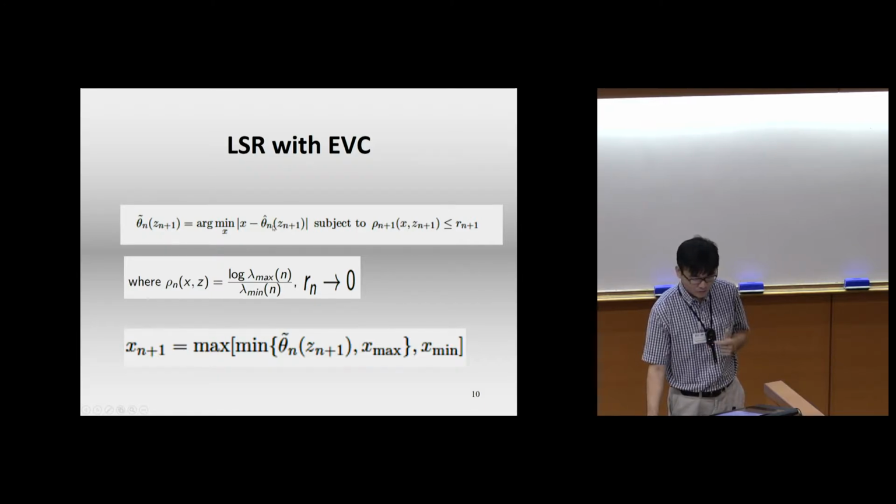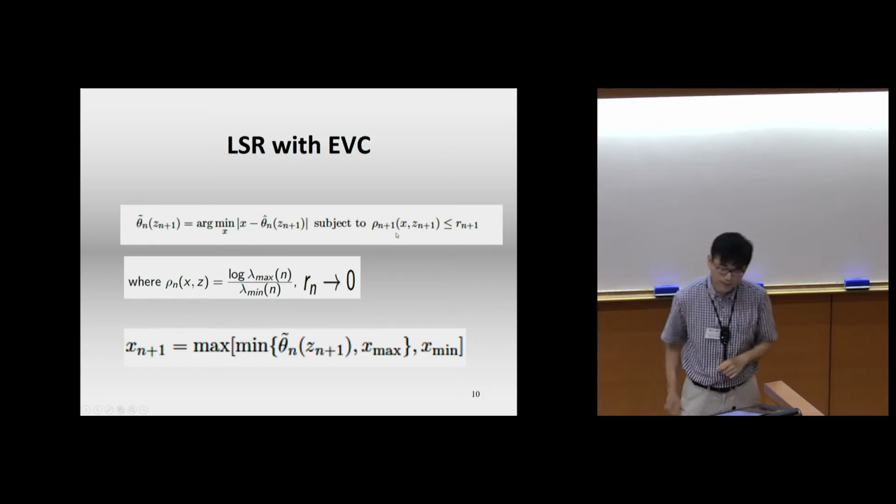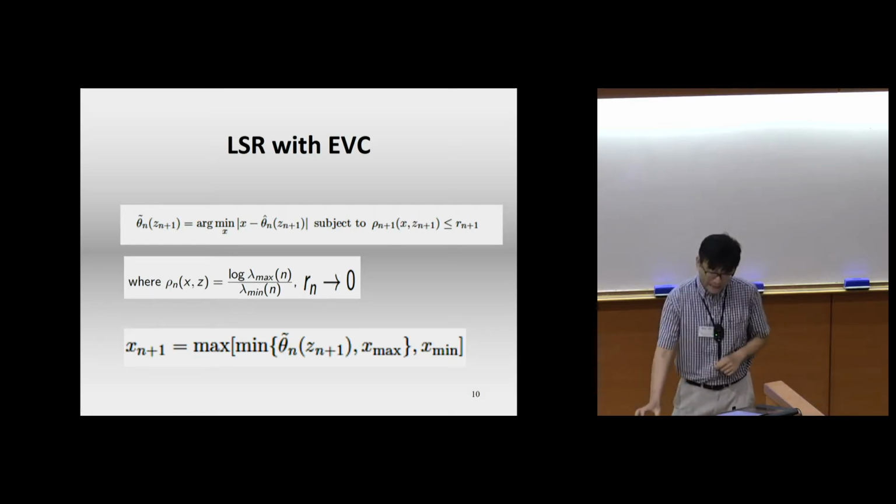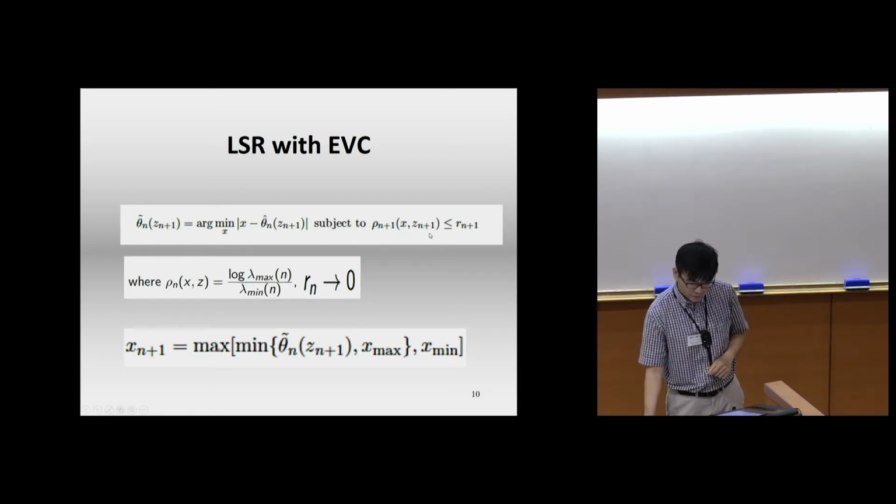So what we need to do is simply to find the closest dose to this estimate, subject to the constraint that this eigenvalue ratio will be bounded above by a sequence R, and this R is pre-specified so that we know that you will force the eigenvalue ratio to go to 0.